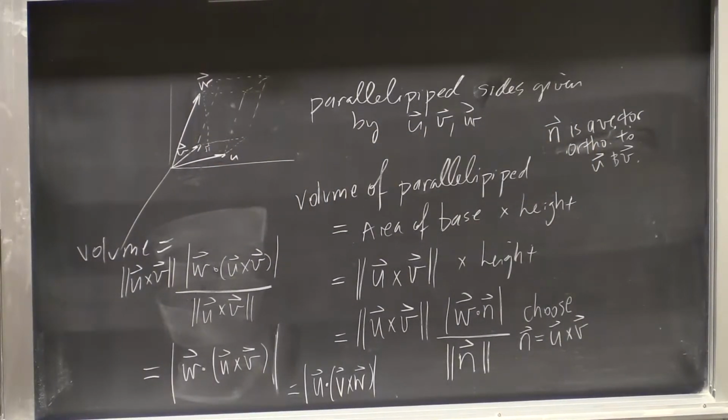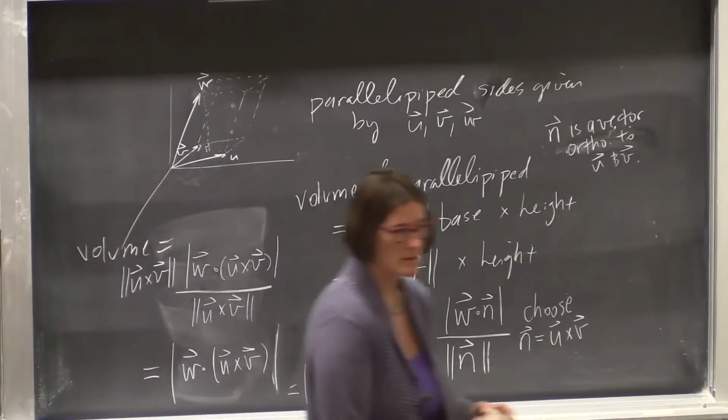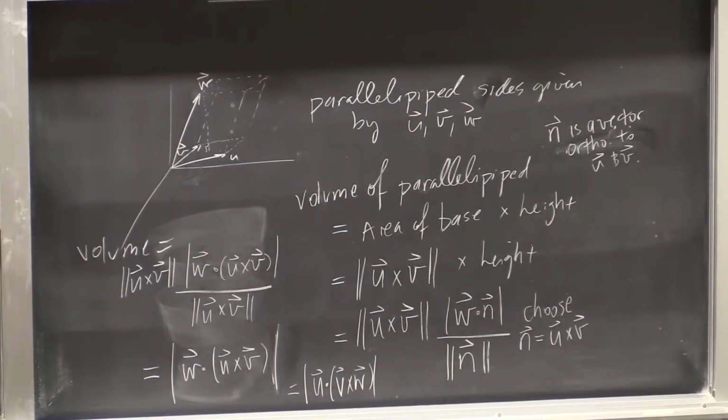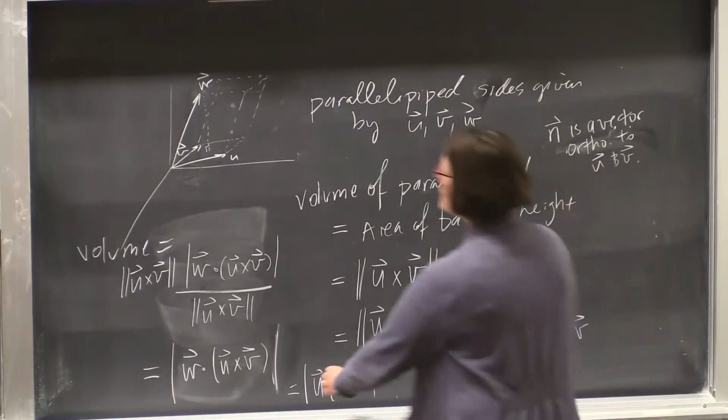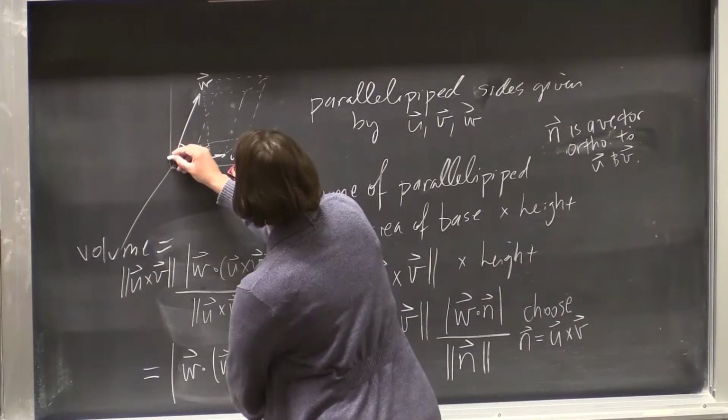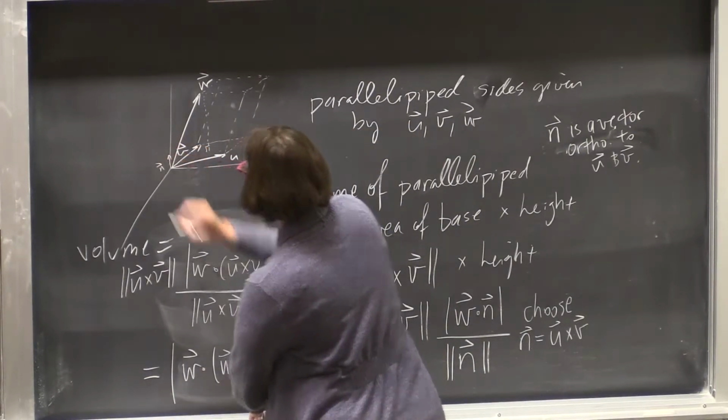Are there questions? Yes? So when you said up there, you project w onto a normal vector. Yep. Can you show on that sketch what you mean by that? So here is a normal vector.